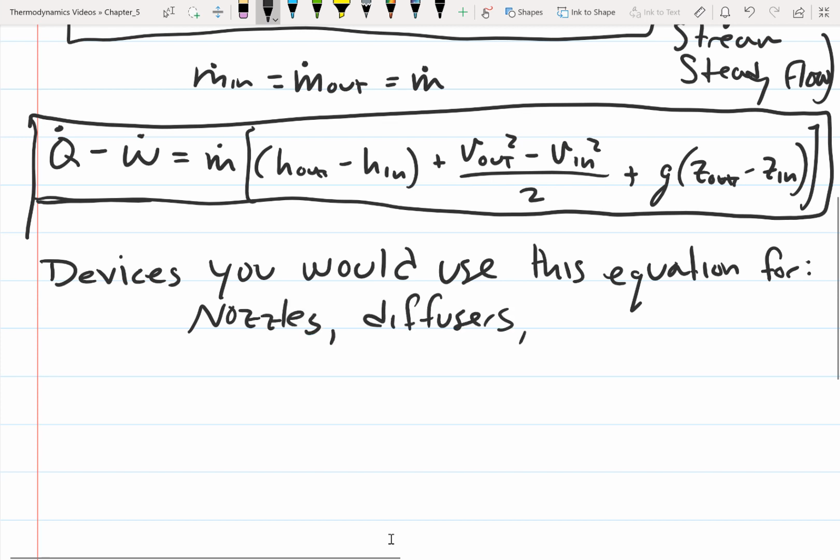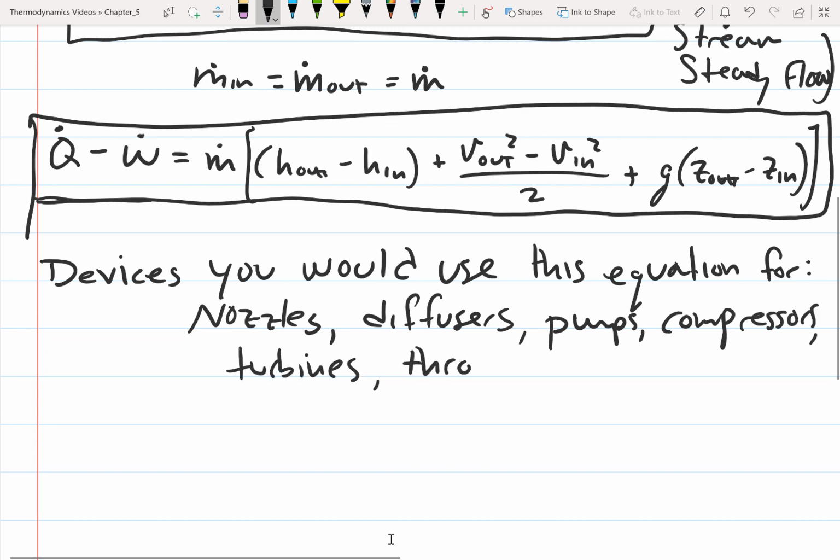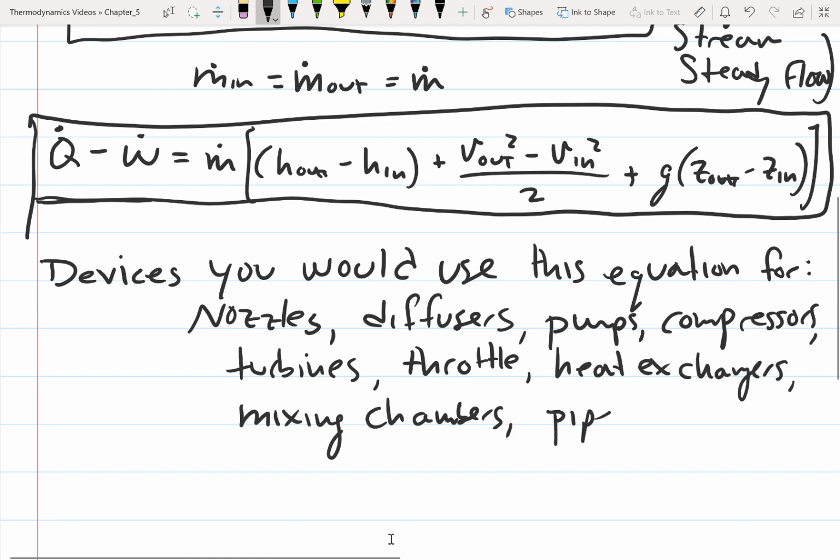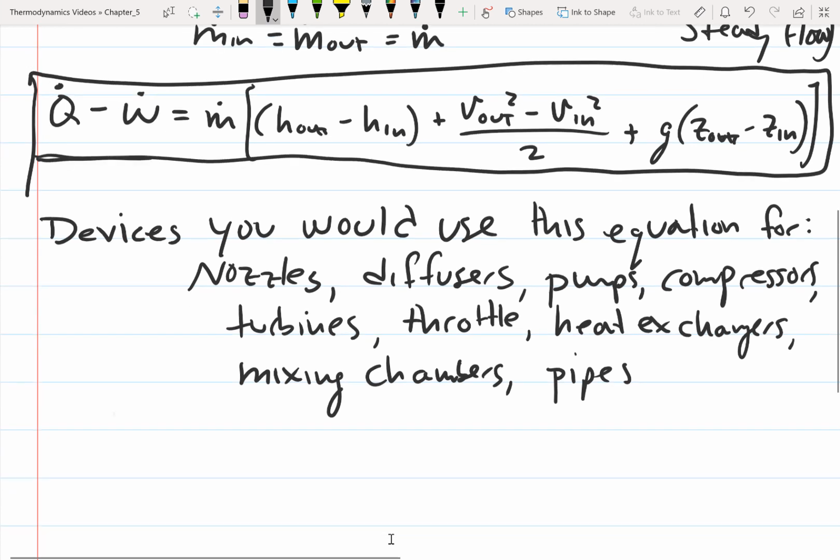Nozzles and diffusers are basically the same thing, they just do the opposite. Then pumps, compressors, turbines, throttling devices, heat exchangers, mixing chambers, and last we're going to look at pipes. So let's start with nozzles and diffusers.